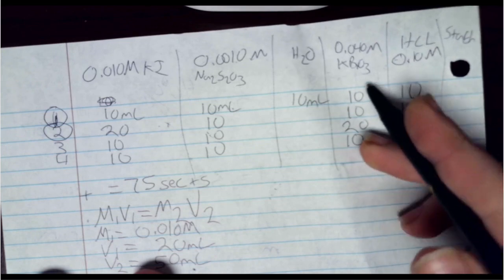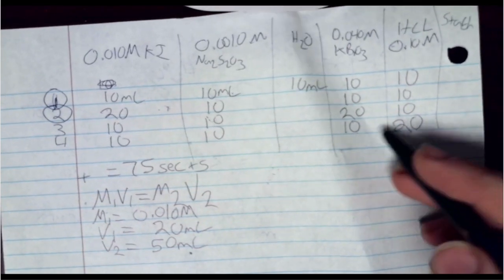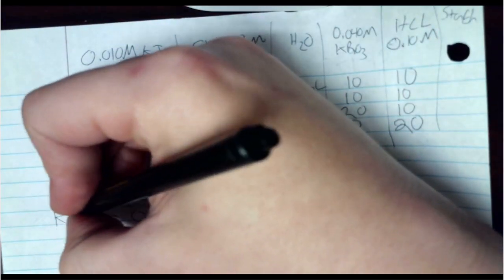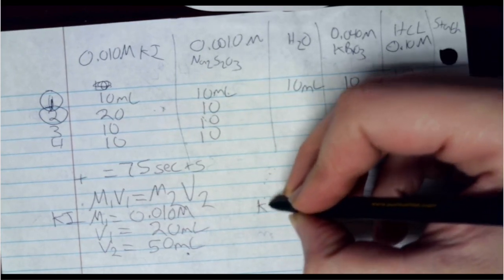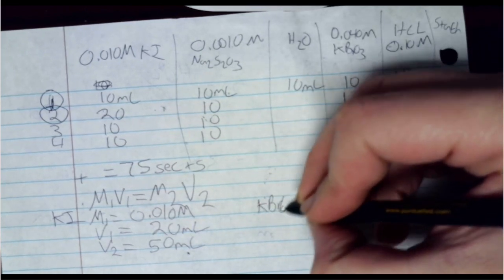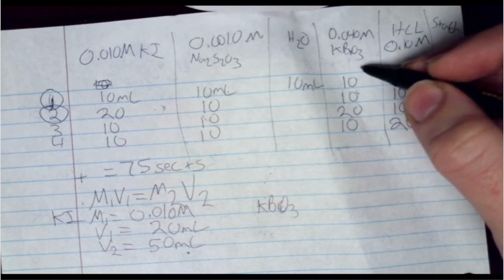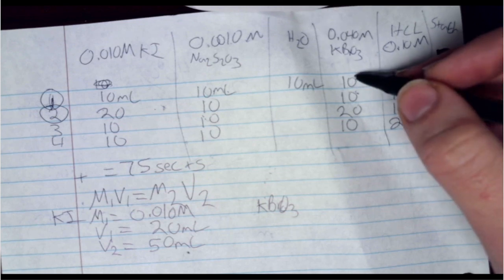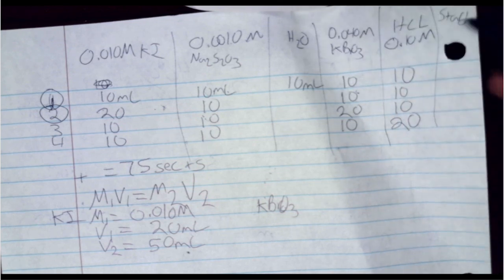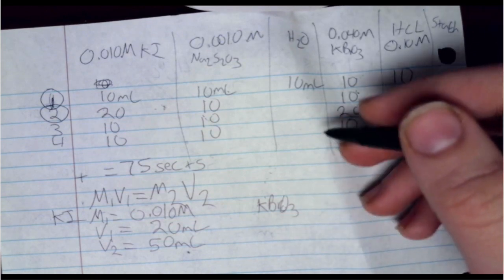We're going to repeat that process with the potassium bromate. The V1 is 10, and the M1 is 0.040. Final volume is still 50.